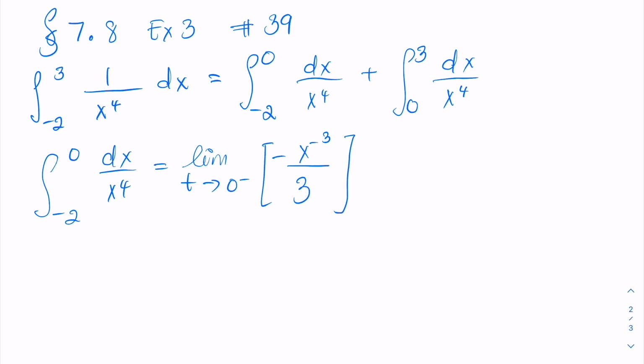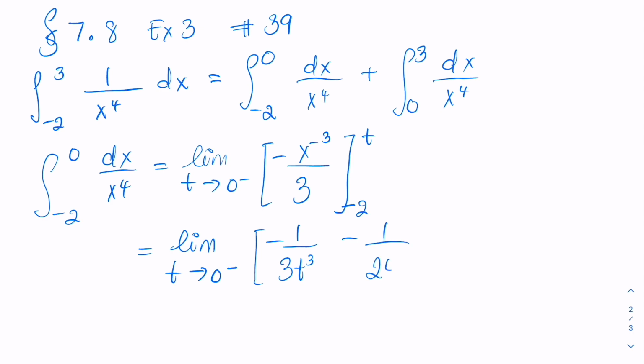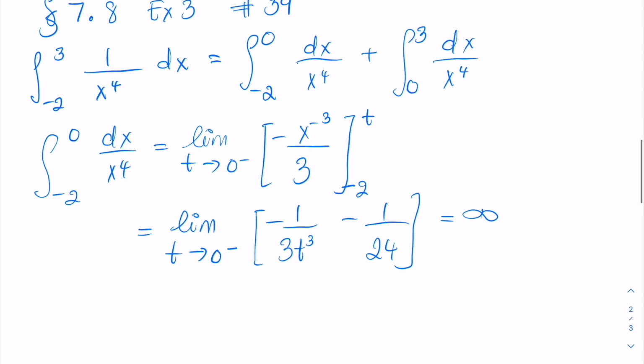I just integrate and I go from -2 to t, which is the limit as t goes to 0 from the left, negative 1 over 3t cubed minus 1 over 24. But this is going to give me infinity, okay, as t goes to 0. Therefore, the integral is divergent.